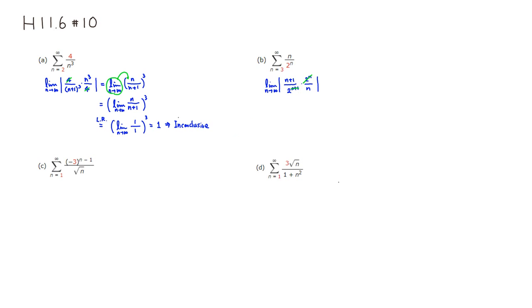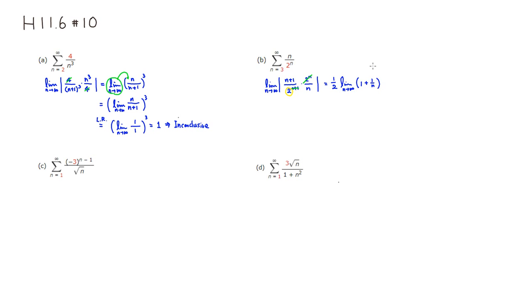So what we can do is pull the 1/2 outside. That takes care of the 2 on the bottom. Then we have a limit, and again I'm going to remove the absolute value sign because nothing is really negative. So n divided by n is 1, plus 1 divided by n is 1 over n.